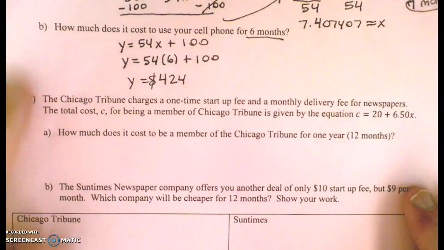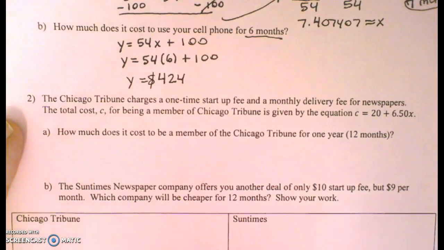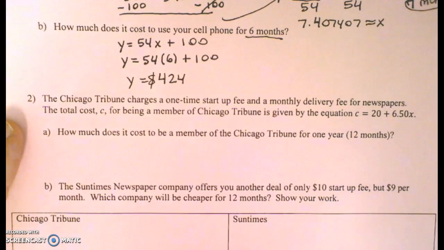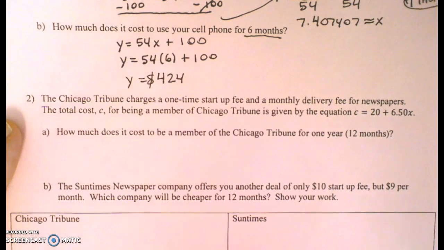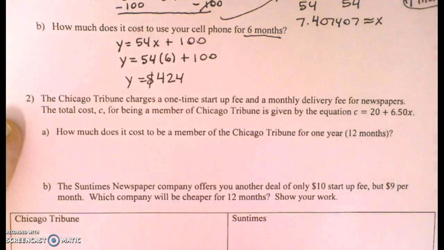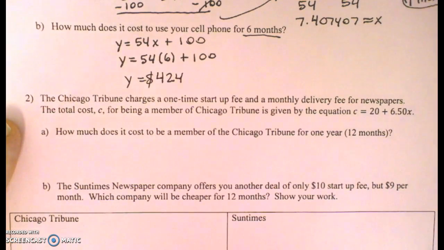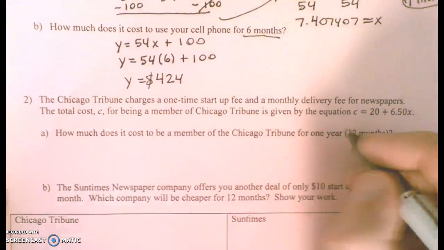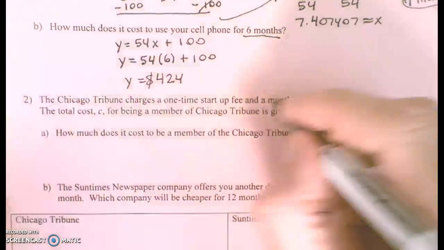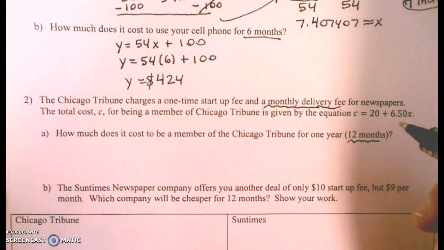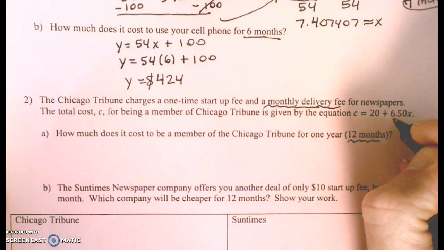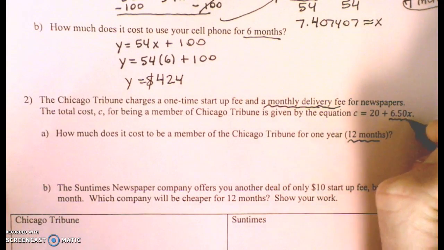The Chicago Tribune charges a one-time startup fee and a monthly delivery fee for newspapers. The total cost for being a member of the Chicago Tribune is given by the equation C equals 20 plus $6.50x. How much does it cost to be a member of the Chicago Tribune for 1 year, which really means 12 months? And remember, there's a monthly delivery fee for the papers that you're being charged, and that's the $6.50 here.